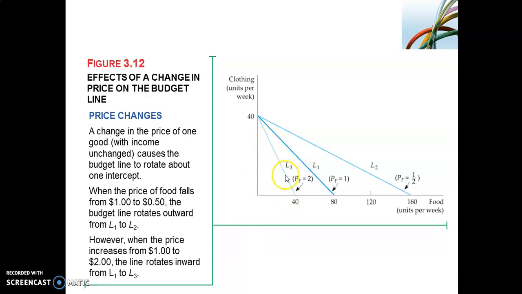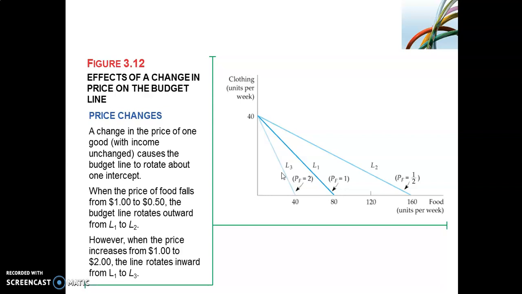The consumer's purchasing power is now lower than before at L1, and to determine this horizontal intercept, you would say the $80 divided by the new price of food, which is now $2, and that would yield 40 units of food. So this is an example of the effects of a change in price when the price of one good changes and income is unchanged.